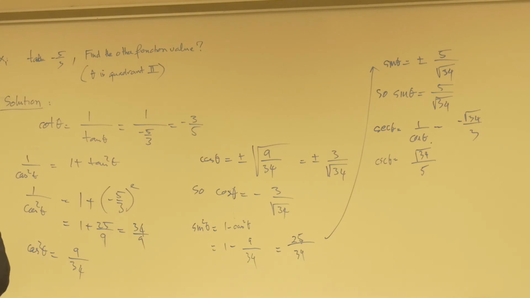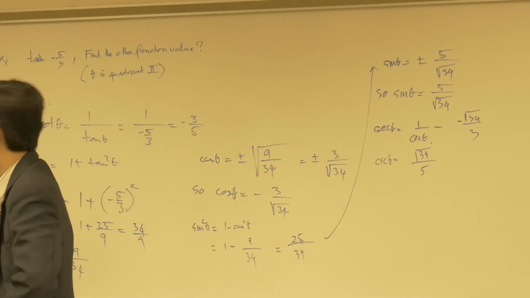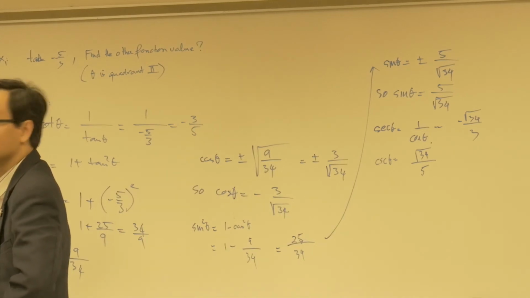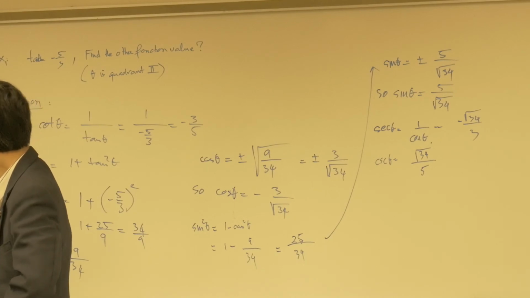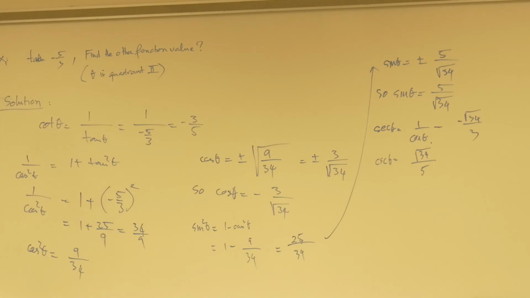You could change 1 over cosine squared either to secant squared or 1 plus tangent squared. So if I replace this part with 1 plus tangent squared, and minus 1, of course, I rewrite it, I see that 1 cancels with negative 1, so my answer is just tangent squared.